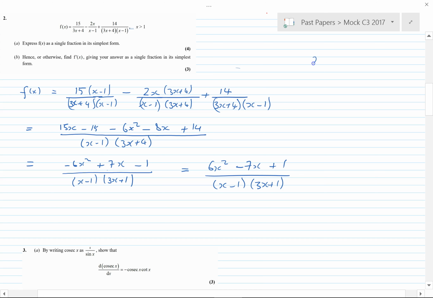If we had minus 6x squared minus 7x plus 1 equals 0, or minus 1 equals 0, then of course we can change that to 6x squared plus 7x. I've got an incorrect sign there, but you get the idea.